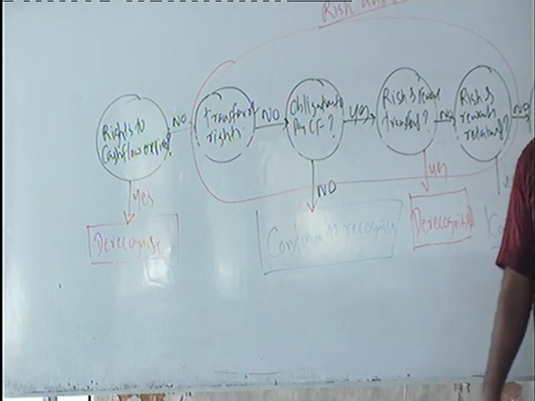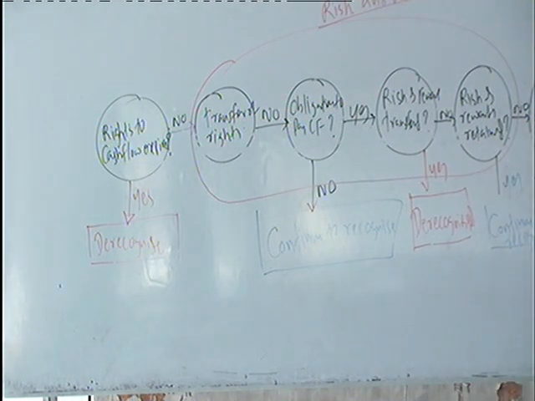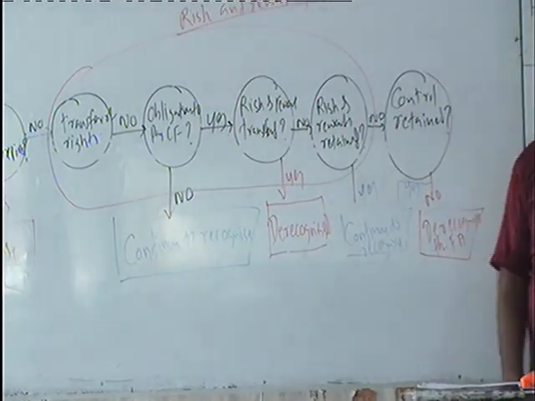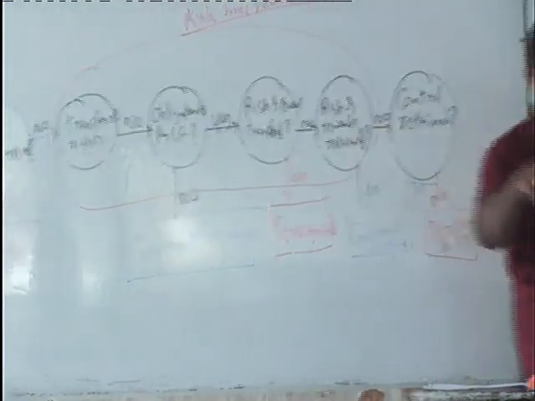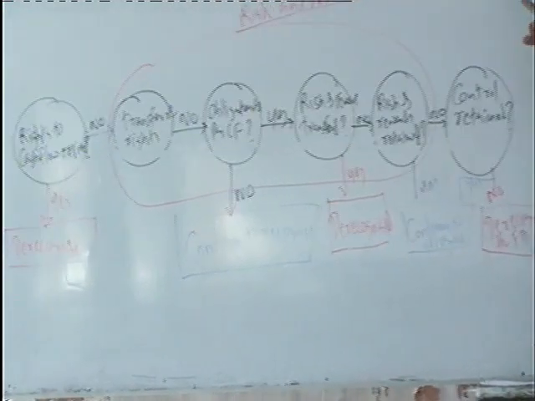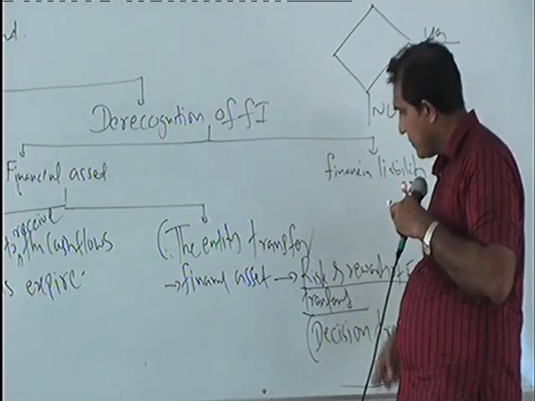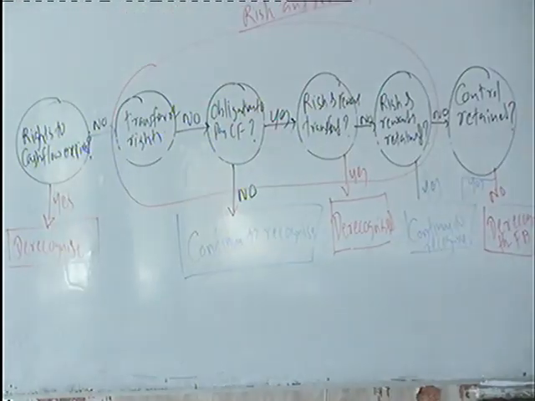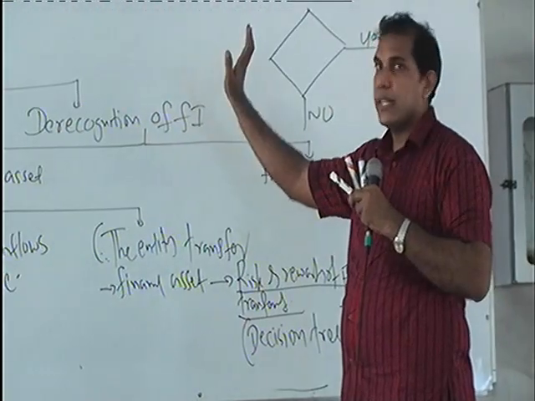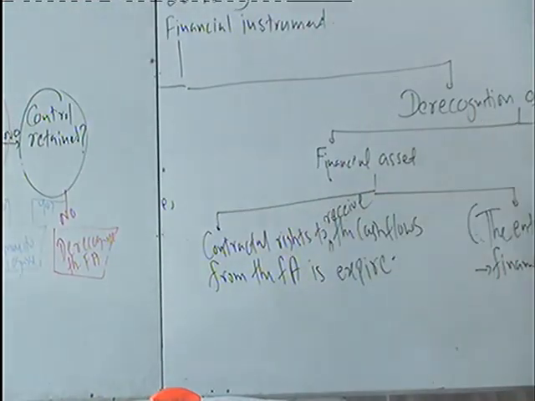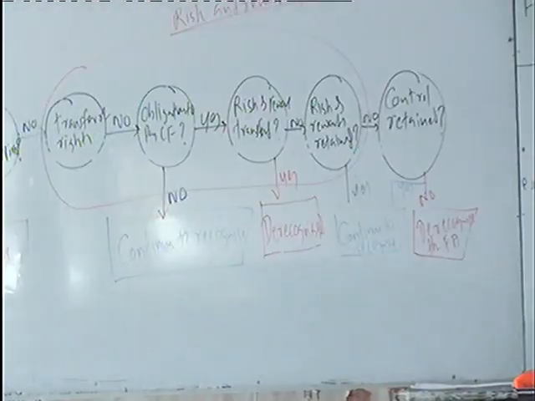Very clear, right? So what are the circumstances where we need to derecognize the asset? This is called a decision tree. With that, financial asset derecognition is done. All these items are covered in this decision tree.